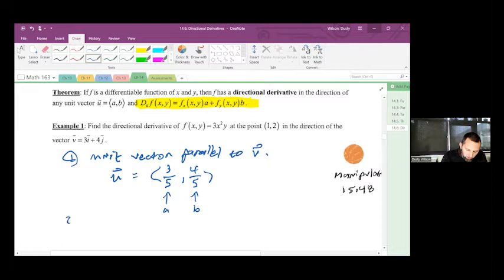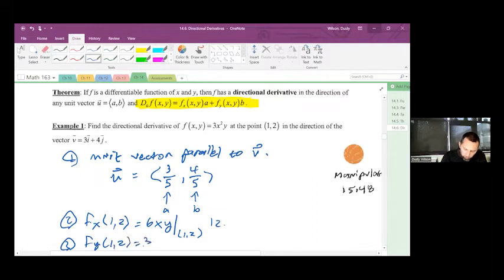We also need the partial derivative with respect to x at 1, 2, which would be 6xy at 1, 2, which is 12, and fy at 1, 2, this would be 3x squared at 1, 2, which is 3.